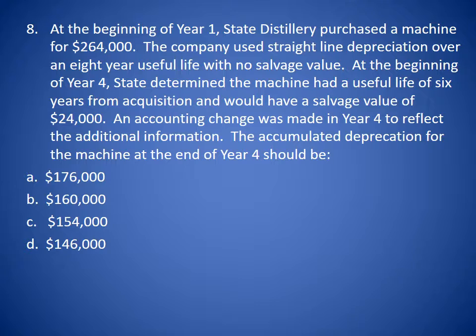An accounting change was made in year 4 to reflect the additional information. So in this case, the accumulated depreciation for the machine at the end of year 4 should be, okay, make your calculations, and when you're ready, make your choice, and when you're ready, restart the video for the answer slide.